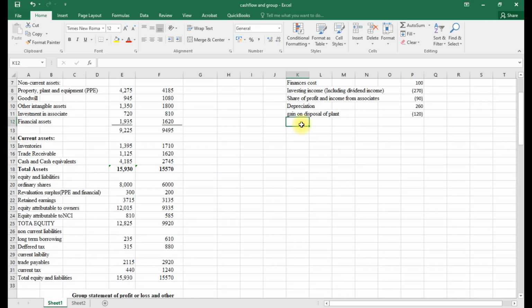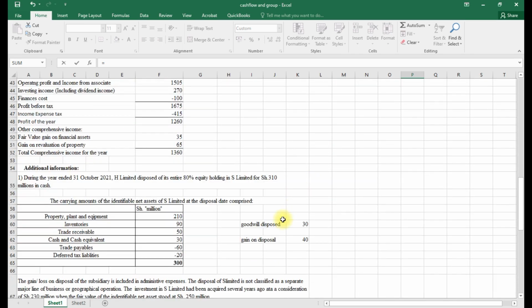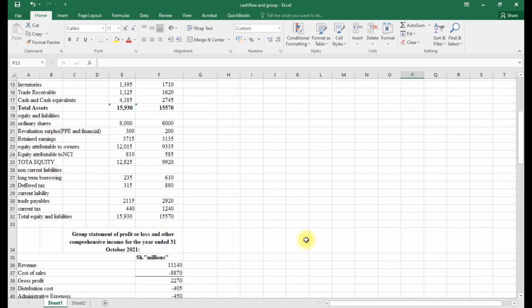Gain on disposal of subsidiary, where we have seen we had a gain of 40 there.